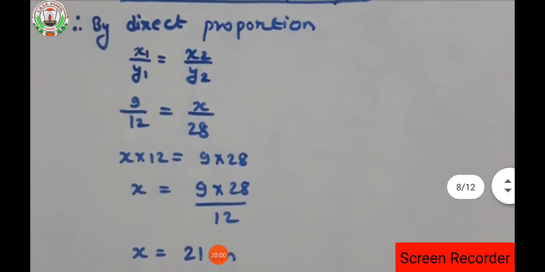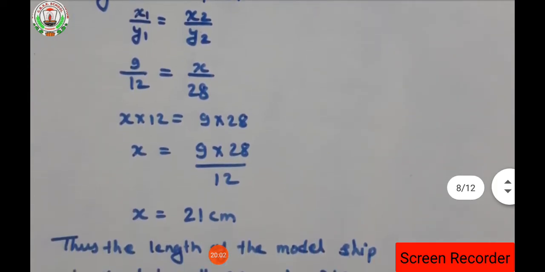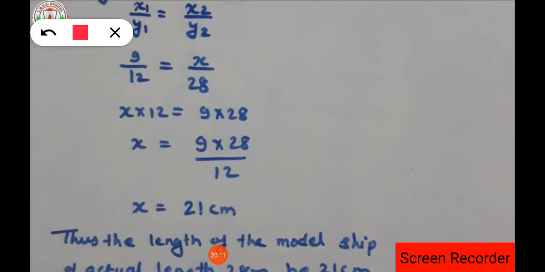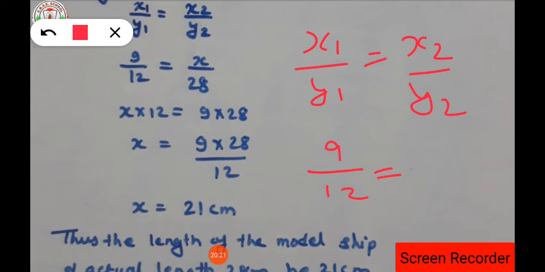What is the value of x1 upon y1? That is 9 upon 12. And the value of x2 upon y2? That is x upon 28, isn't it? So 9 upon 12 is equal to x upon 28.